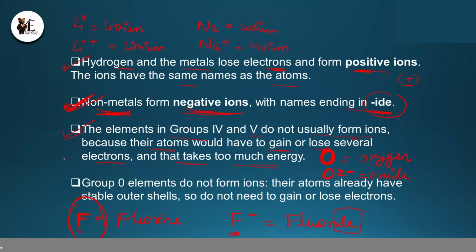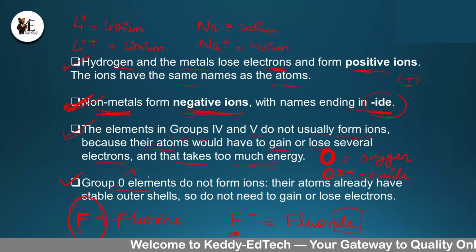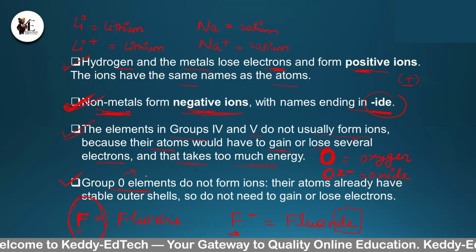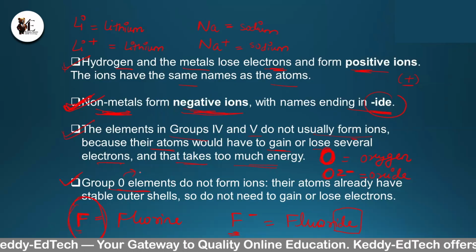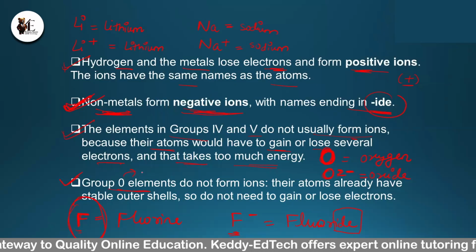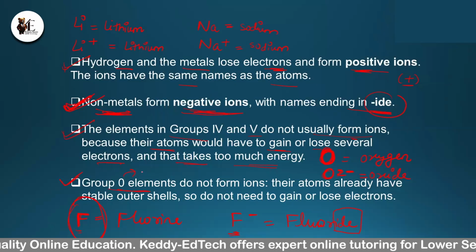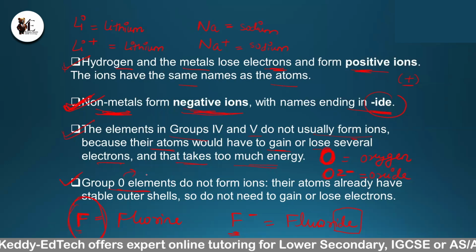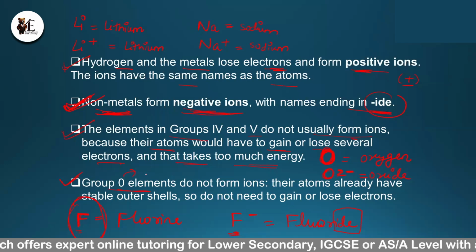Now, the fourth point says group 0 elements. Group 0 elements are, give me an example. Iron?